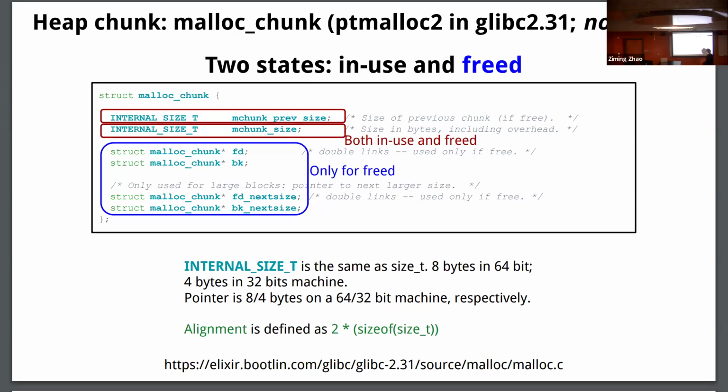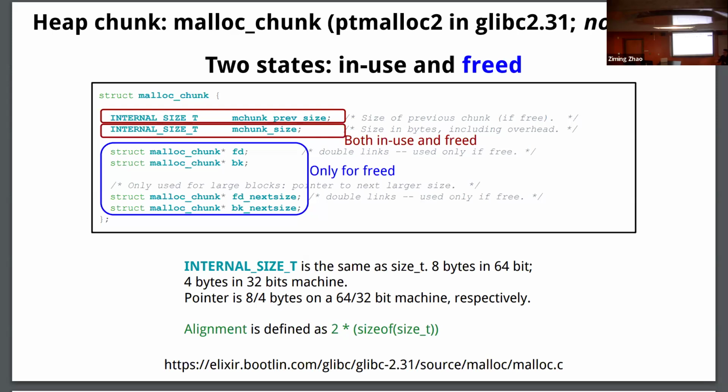The first member of this structure is called previous size. You allocate many malloc chunks in memory one by one, and they have different sizes. One could be 20 bytes, the second one could be 2000 bytes. This field records the previous chunk's size.